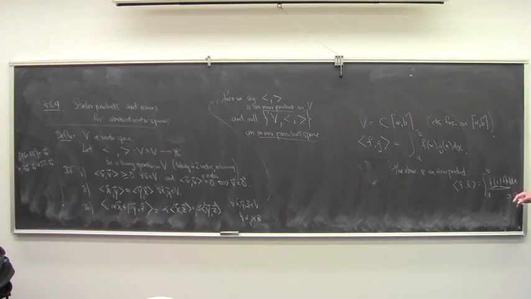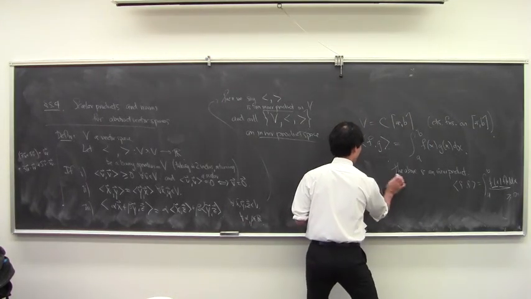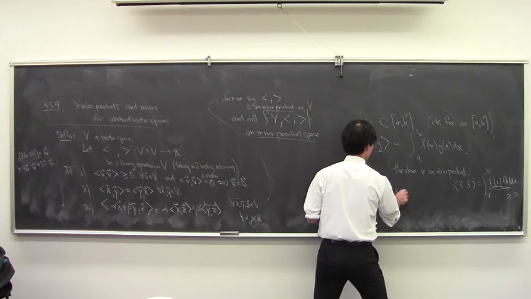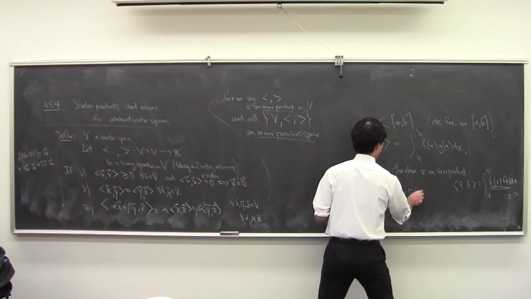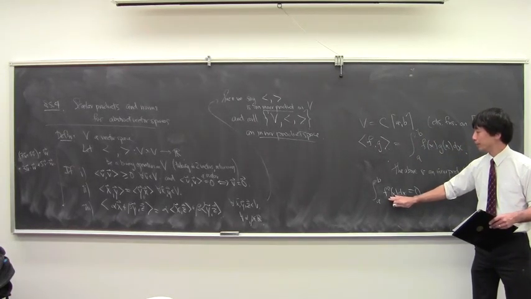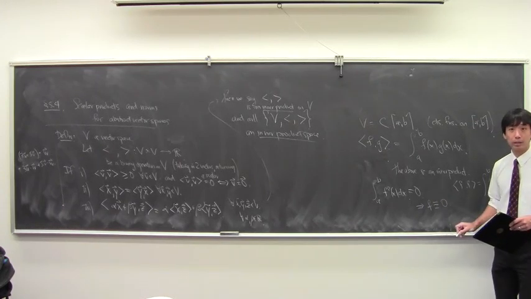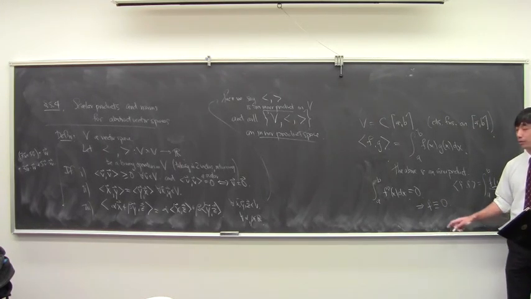What about the second? Is it true that if I get 0 here, then the function must have been 0 everywhere? If I get 0, that's to say that the integral of f squared of x from a to b is 0. Does that imply that f must be 0 everywhere? You can sort of say the opposite.